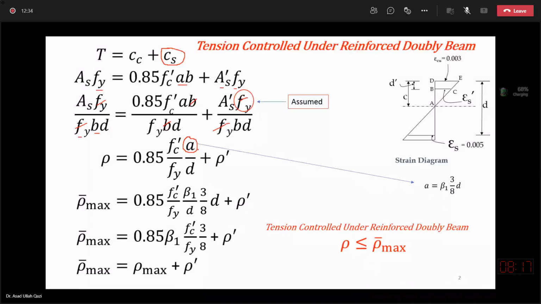For example, I have a strain diagram on the right hand side. You are well familiar with the linear strain diagram. The only difference is that on the compression side, we now have the compression steel strain.